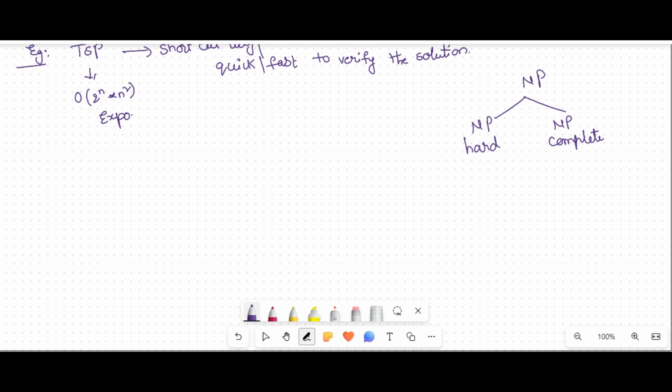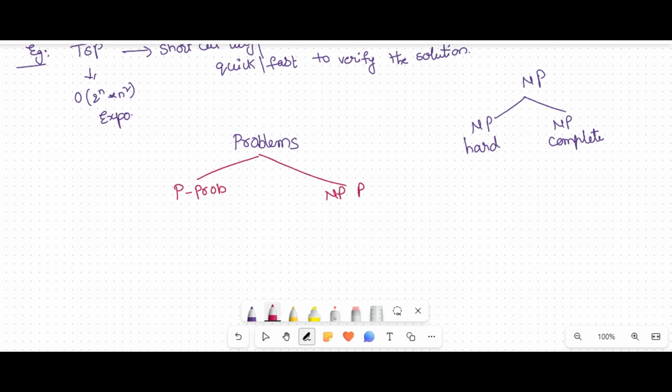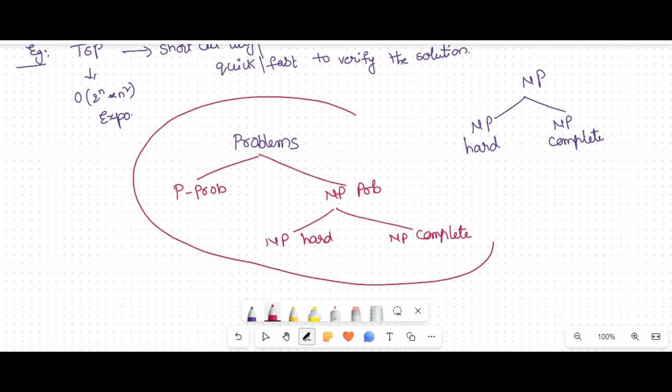So generally there are two types of problems: P problems and NP problems. NP problems are of two types, NP hard problems and NP complete problems. Very important category.